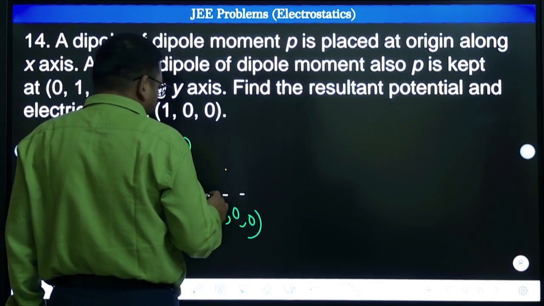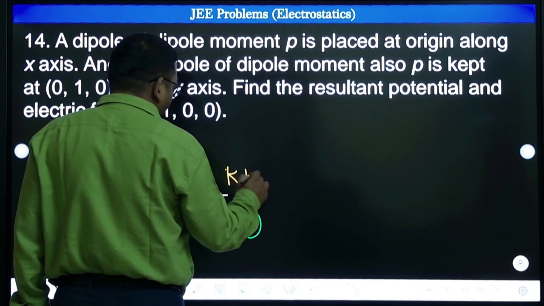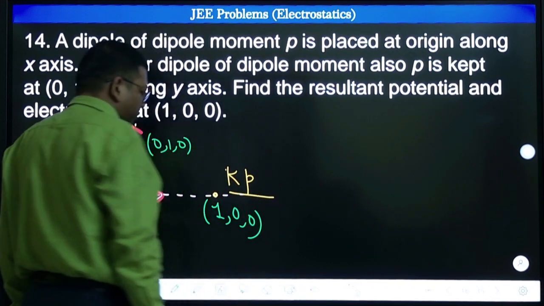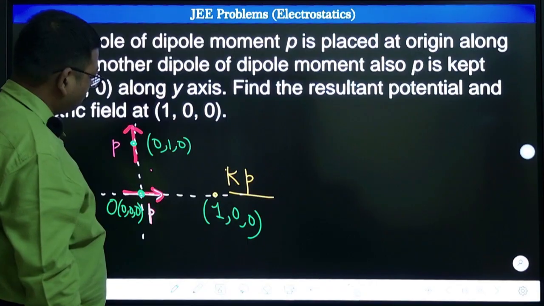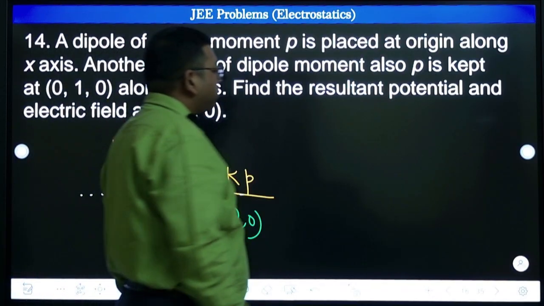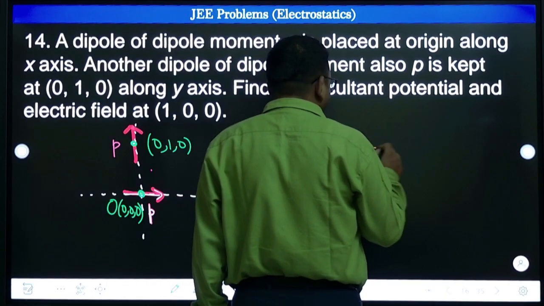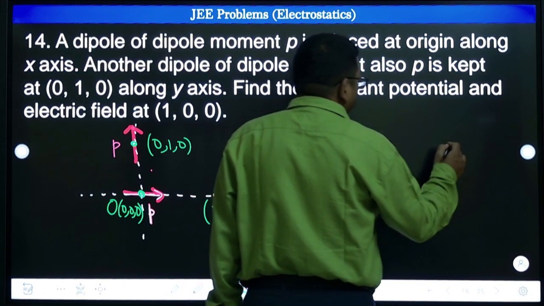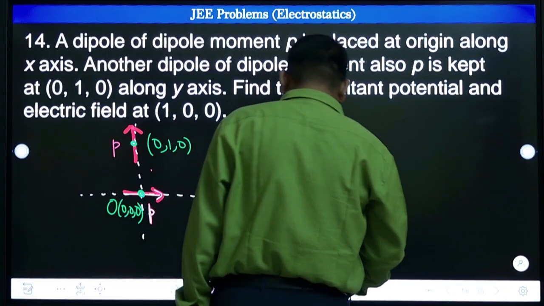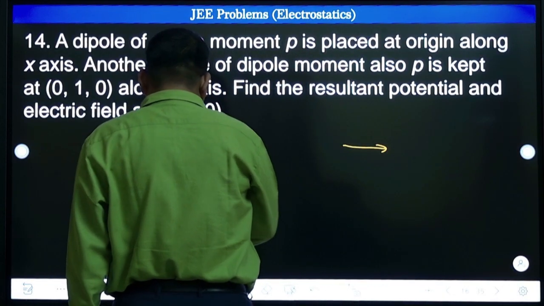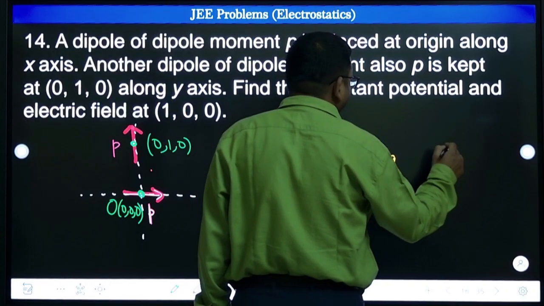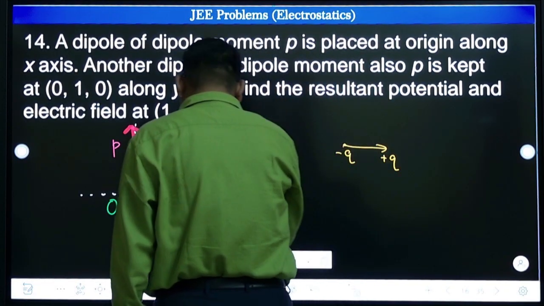What is that? Kp by what? What is the formula for potential due to a dipole? Do we know that formula? Suppose these are charges: this is negative charge, minus q, and this is positive charge. We have to remember that formula.